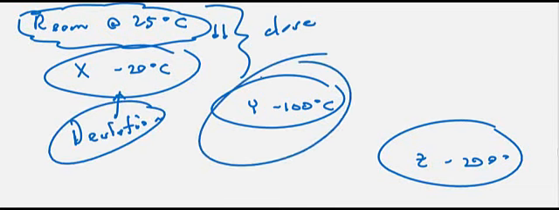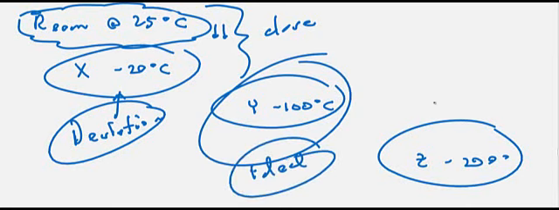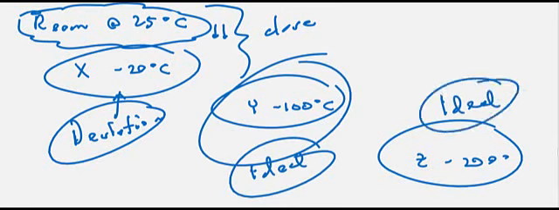Whereas Y, because it changes into a liquid at -100, is quite a ways away from turning into a liquid. This will be a perfect ideal gas at 25 degrees. And likewise, Z will also be a perfect ideal gas at 25 degrees Celsius.